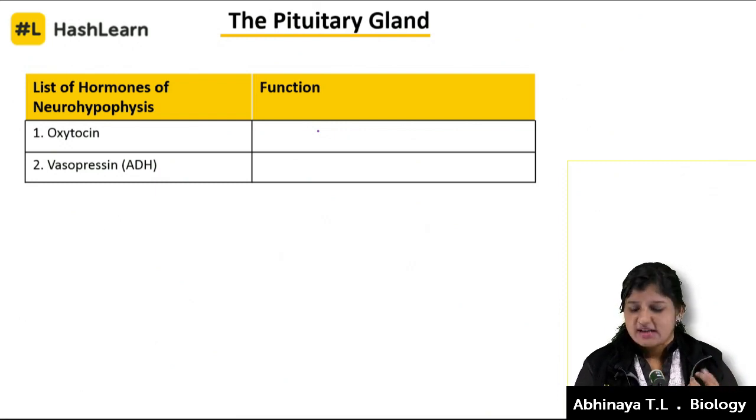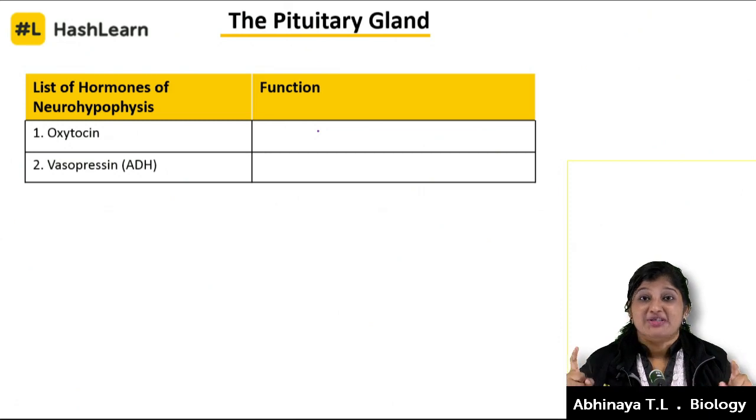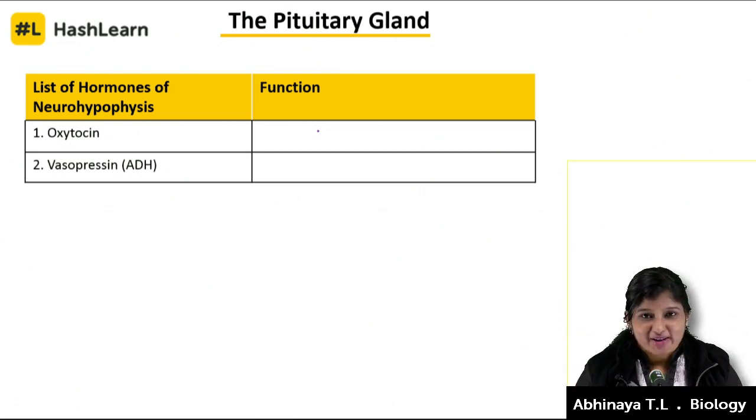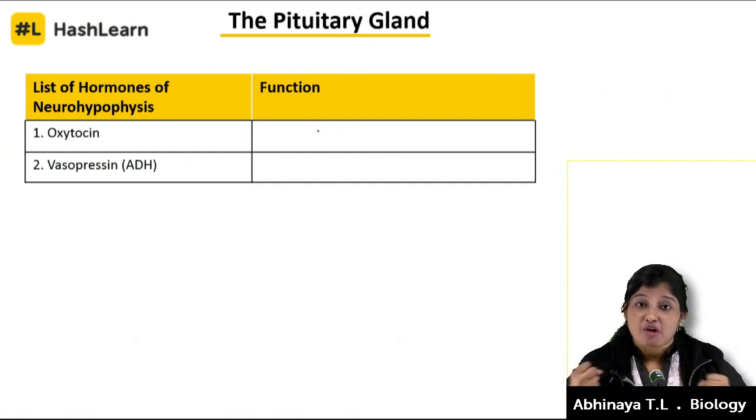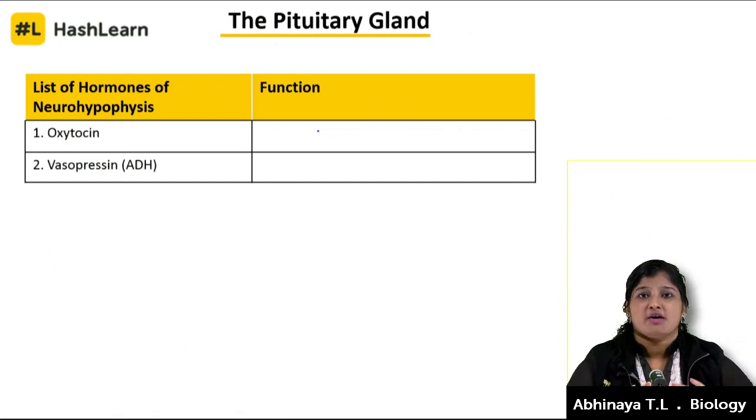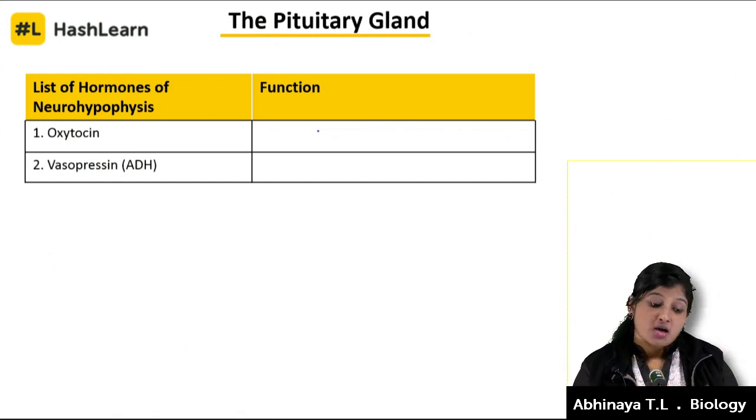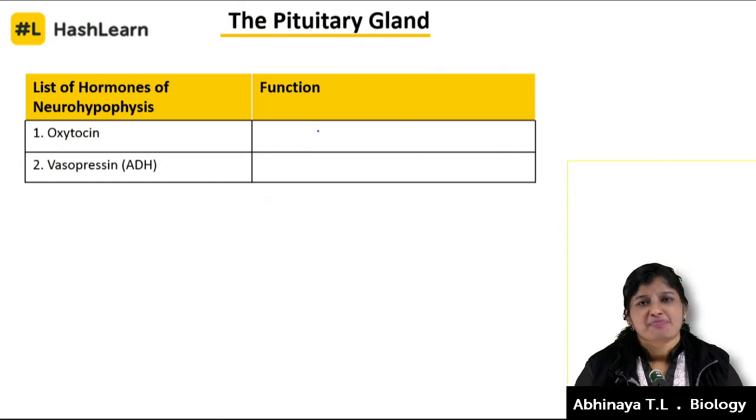During childbirth, when it's a normal birth, as opposed to a C-section, there should be heavy contraction of the uterus to push the baby out. This contraction is brought about by our body hormone oxytocin. It also brings about production of milk, that's the lactation period. That's what is brought about by oxytocin.